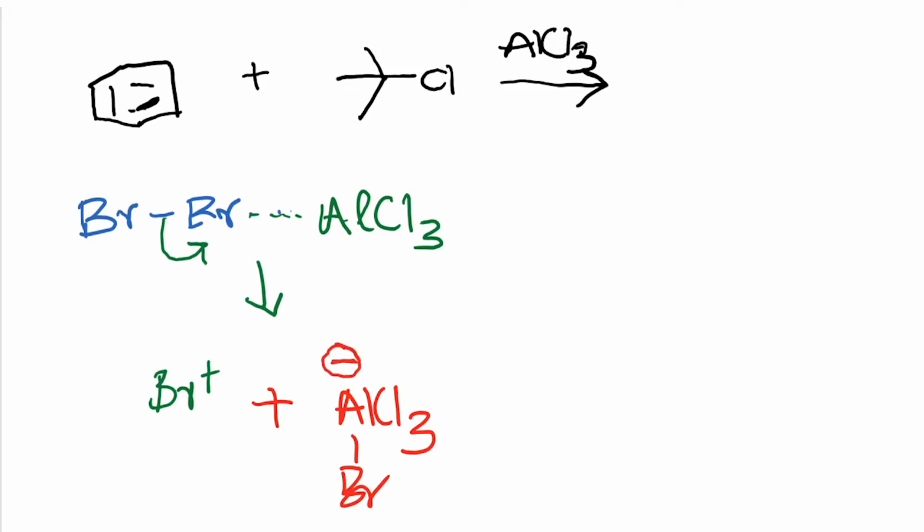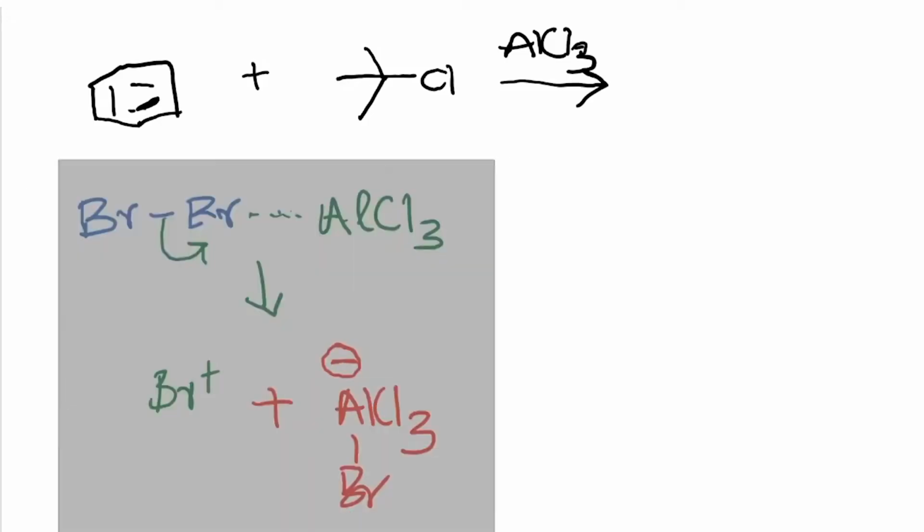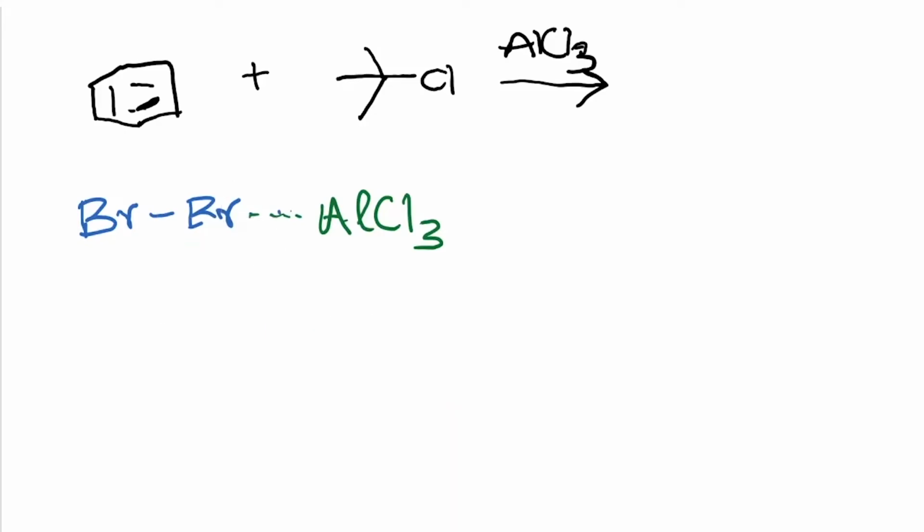If you were to think about a similar role for this group over here, then you can imagine that instead of the bromine, the chloride can be lost using this sort of chemistry. So now let's look at this. Instead of bromine, we now have tertiary butyl chloride, this compound, and you have a lone pair on Cl, and that's again going to coordinate with aluminum chloride.